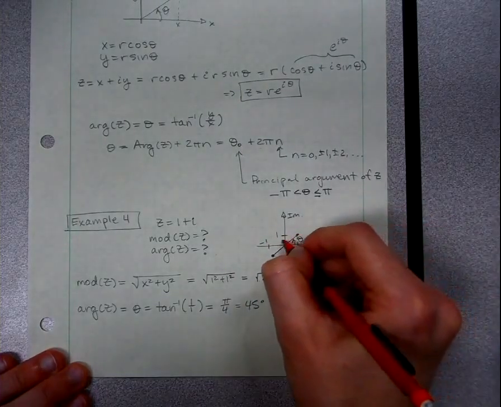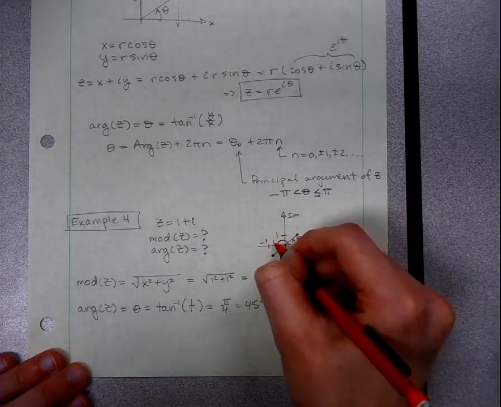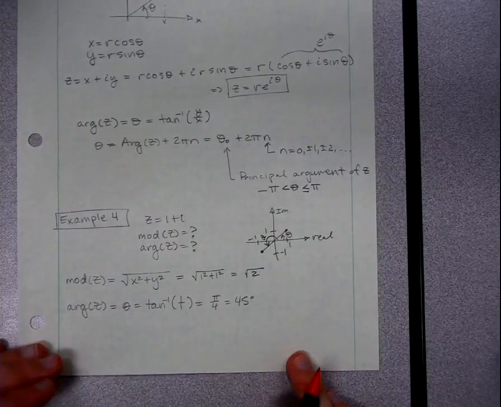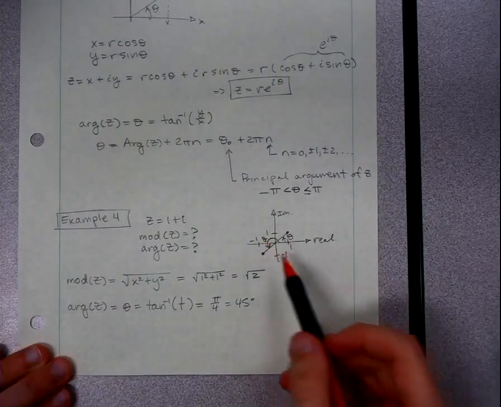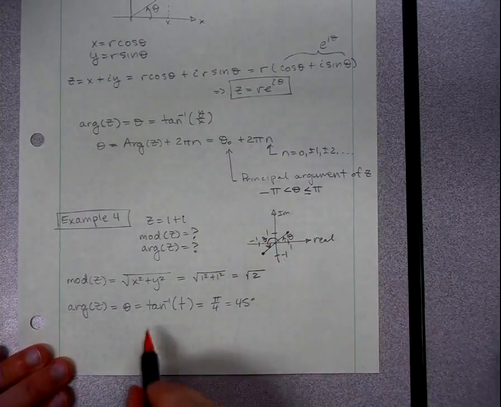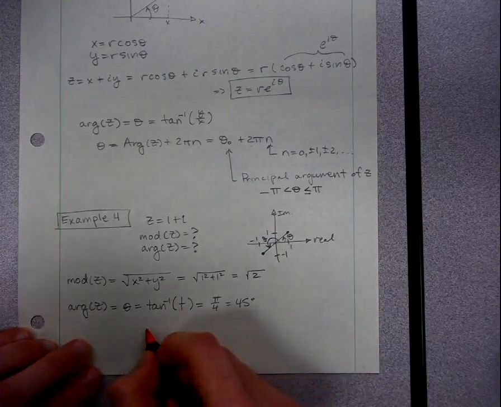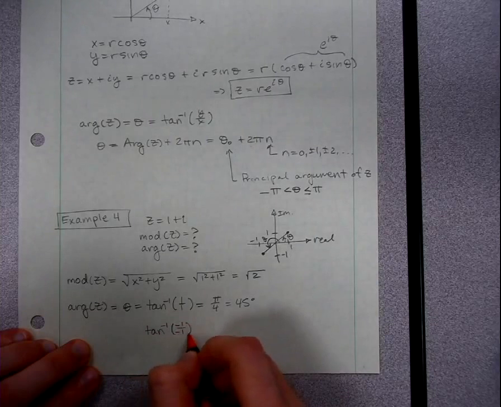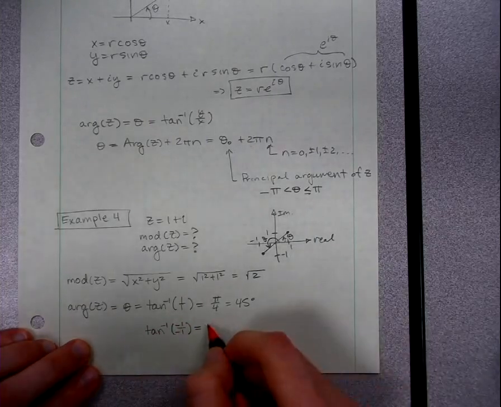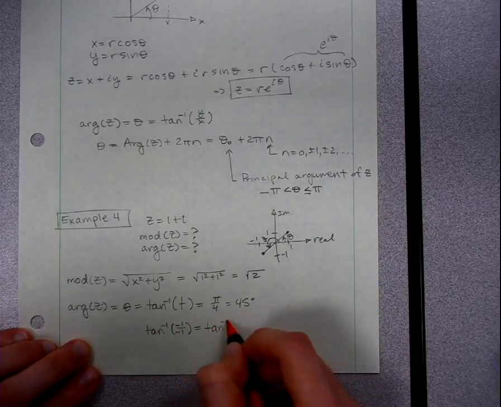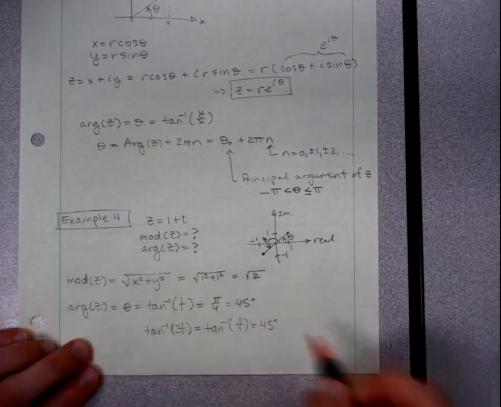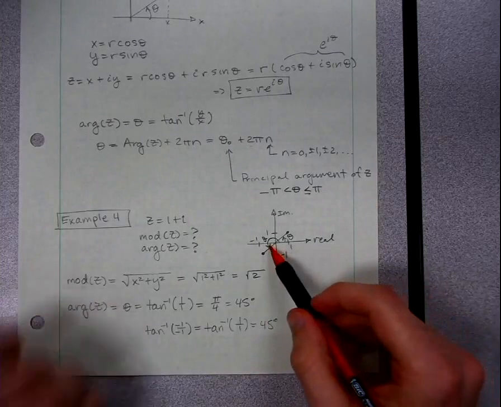And so our theta value would be here, right? That would be our theta value. But what happens if we plug in negative 1 into the arctangent formula? We would get arctangent of negative 1 over negative 1, which equals arctangent of 1 over 1, which equals 45.